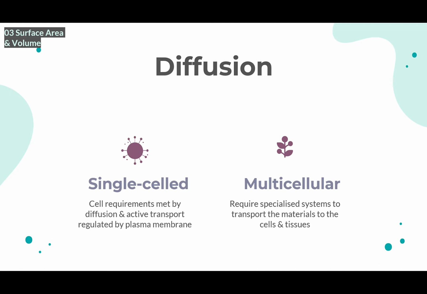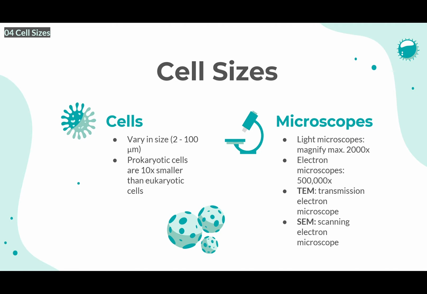When diffusion is no longer effective in bigger organisms, because there is a smaller surface area, there's a physical limit on the maximum growth controlled by diffusion. And so large organisms become multicellular through a process called cell differentiation, which I'll come to in a second when we talk about multicellularity. But before we come to that, we have the cell sizes.